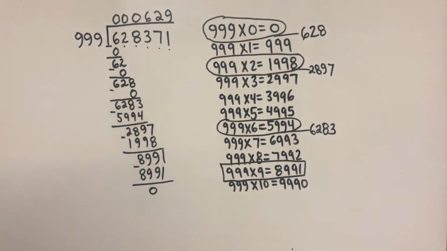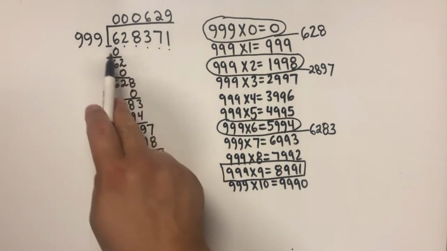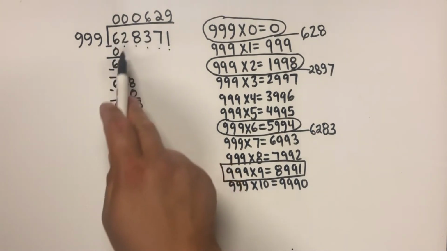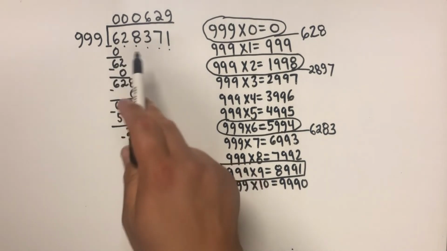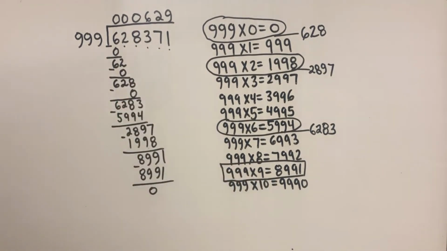Now let me say something else. Let's talk about the decimal point. When the decimal point is somewhere inside of the division house, not outside, just somewhere inside the division house, the only thing you gotta do is you bring it up and then pretend as if the decimal point is not there.